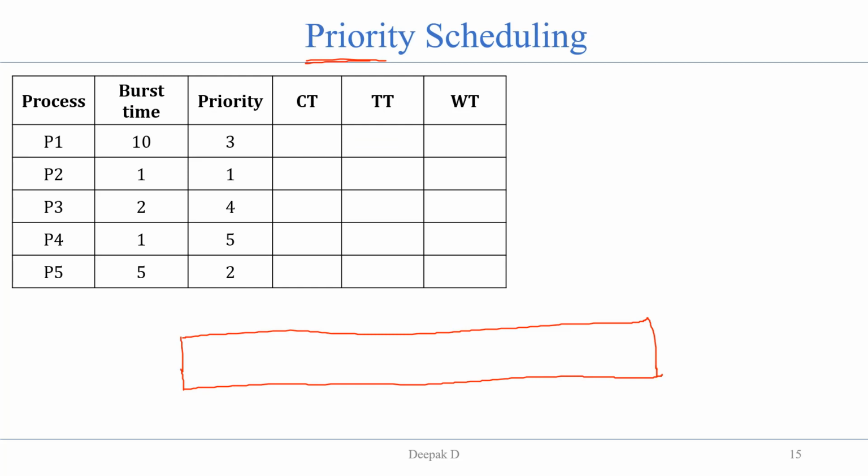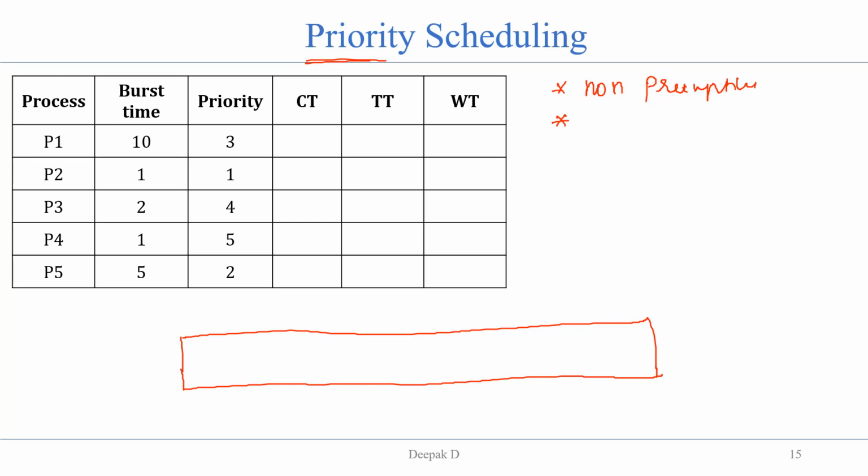You have to solve using the non-preemptive method. One more thing: here they have not mentioned clearly whether a lower priority value means highest priority, or a higher value means highest priority.